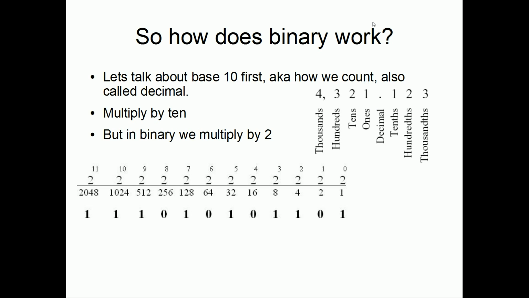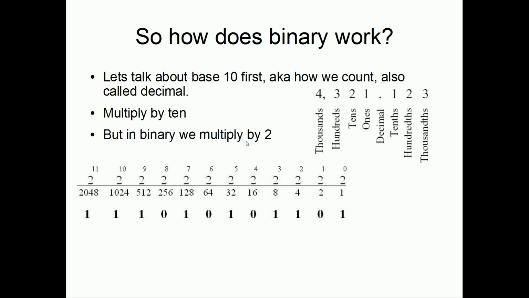So the ones place is 10 to the 0 power. Anything to the 0 power is 1. Then 10 to the first is 10, 10 to the second is 100, and 10 to the third power, or 10 cubed, is 1000.